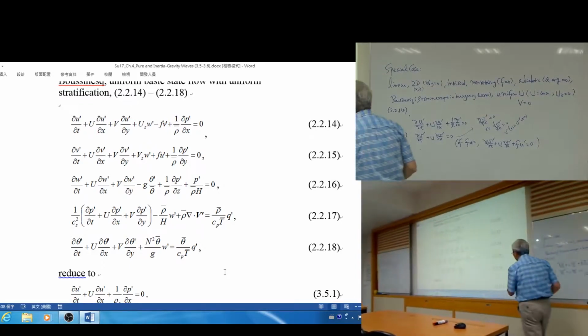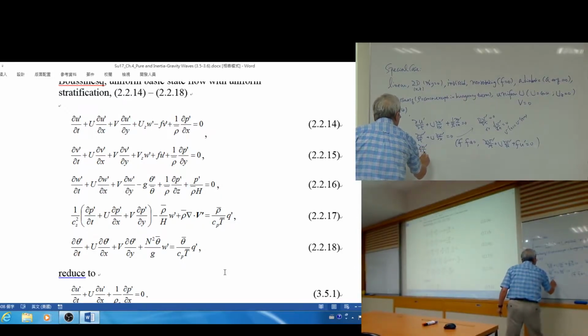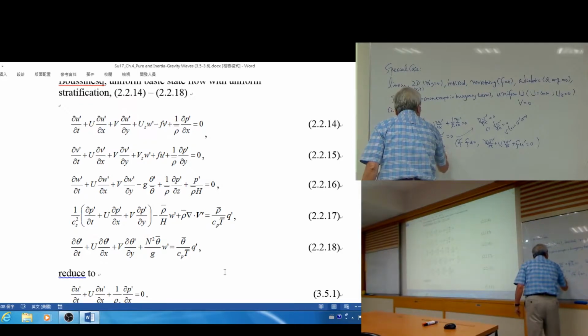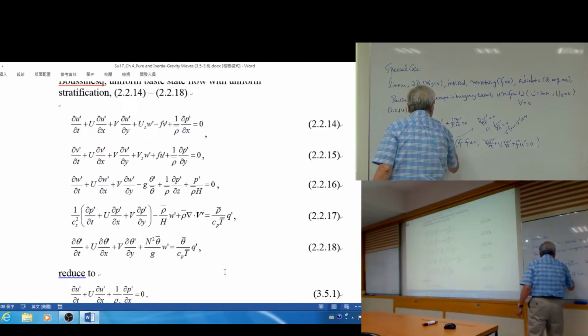So this one will become dw prime dt plus U dw prime dx. d/dy is gone. And then we have this one, g theta prime over theta naught.